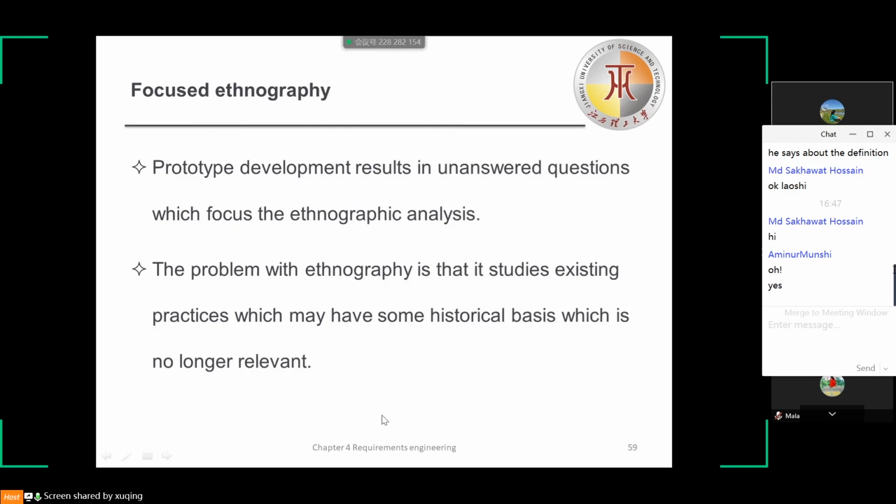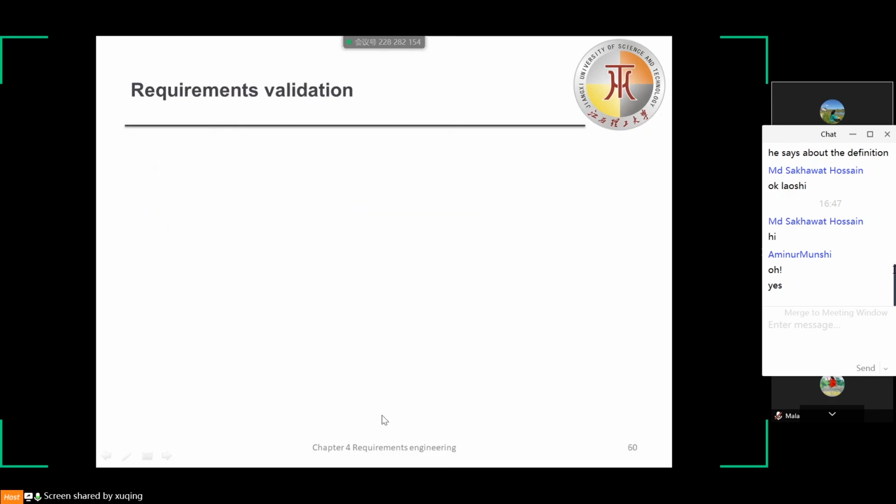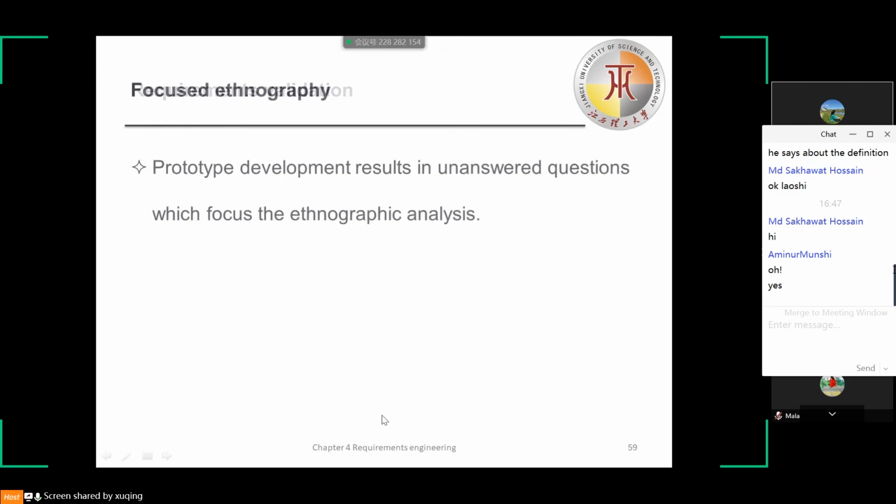For the validation of requirements, we'll talk about it in the next class, that means next week. So for today, we have talked about the requirements engineering processes.